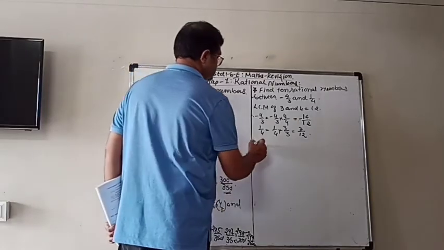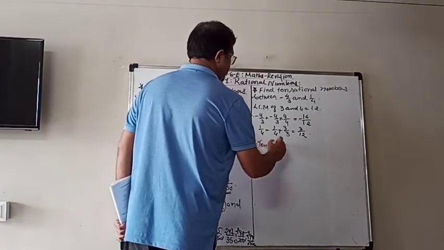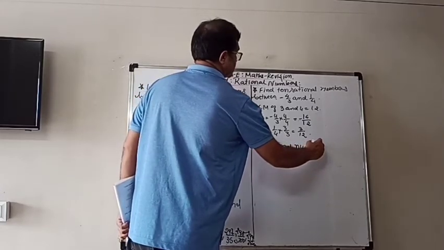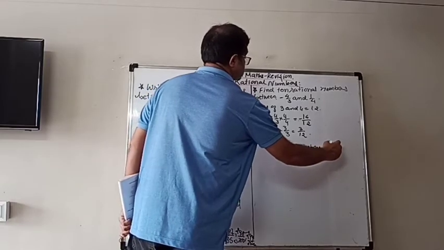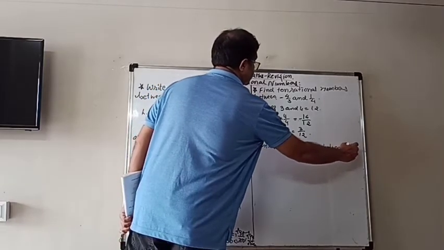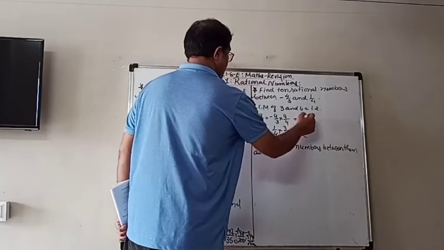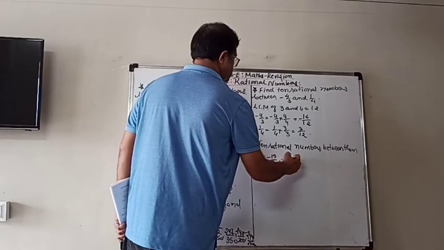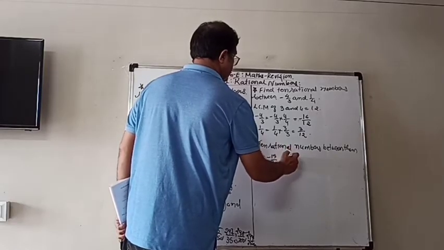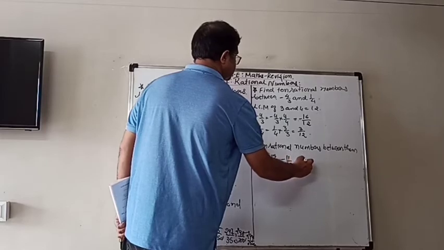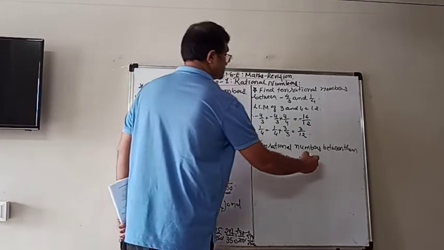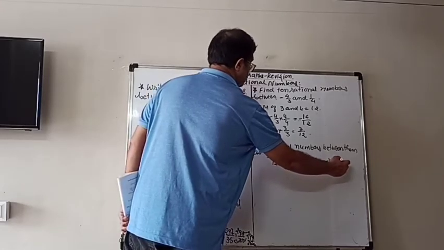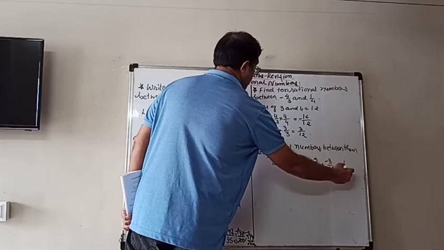Therefore, 10 rational numbers between them are, so now from minus 16 you can write down minus 15 upon 12, minus 11 upon 12, minus 8 upon 12, minus 5 upon 12, minus 3 upon 12, minus 1 upon 12.